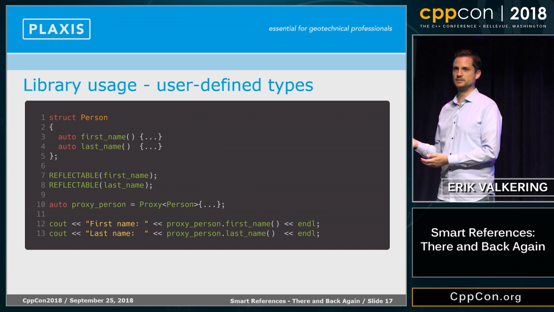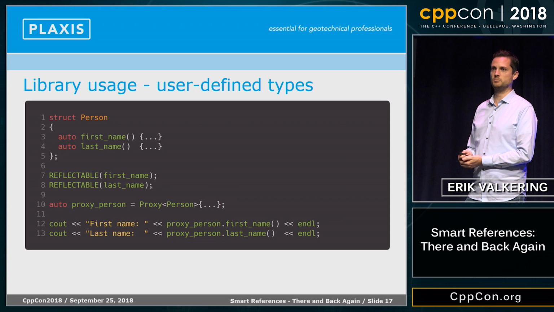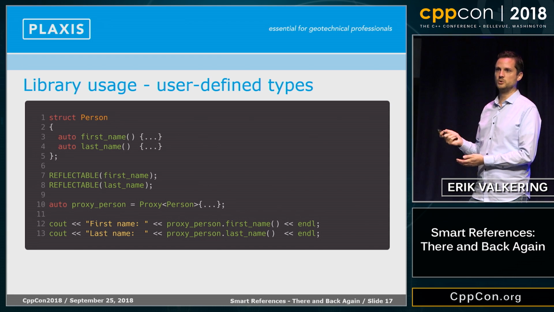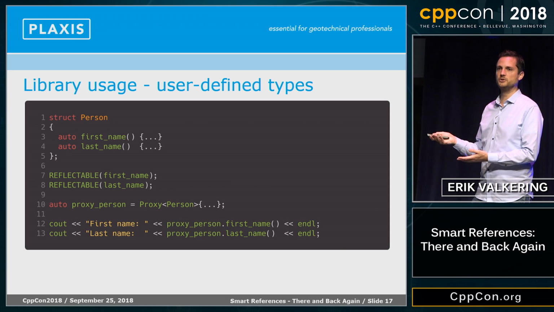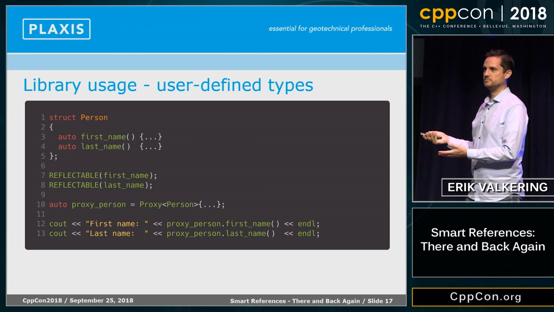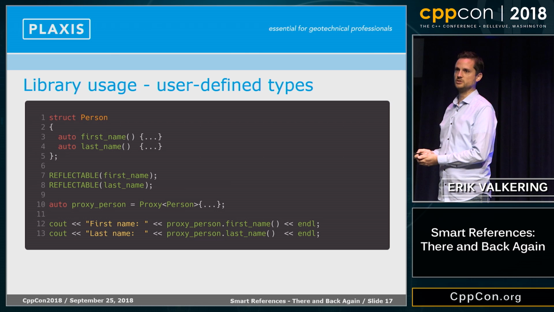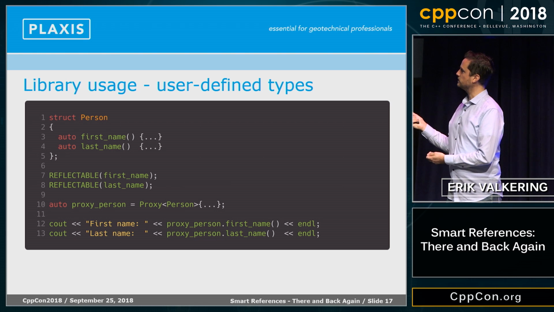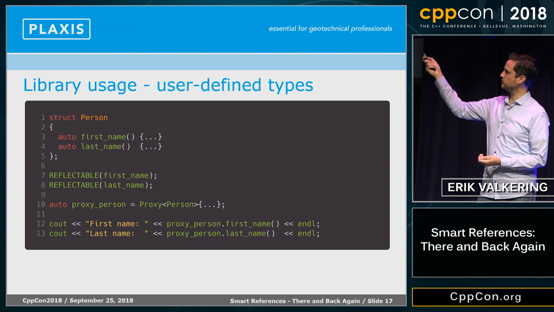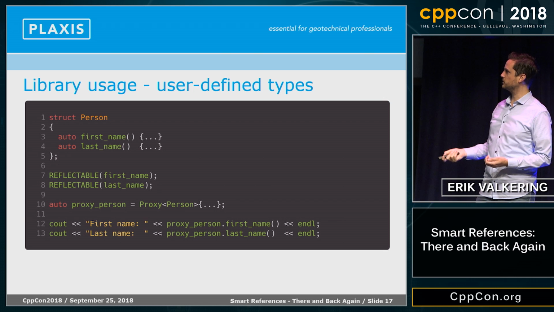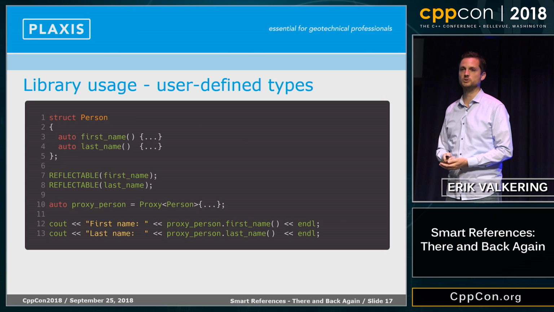The idea is that once we have proper reflection, this is not necessary anymore, and then there is no manual intervention from the user necessary anymore. So by reflecting on the first name and last name, we now support those member functions as well.